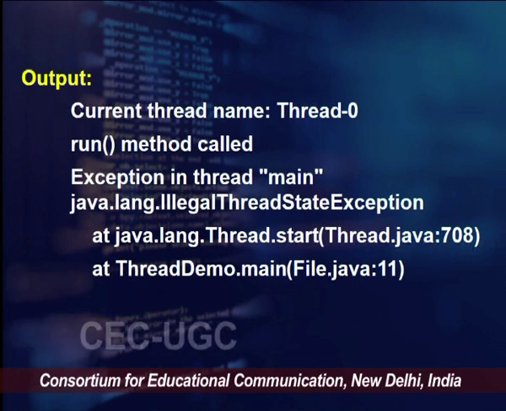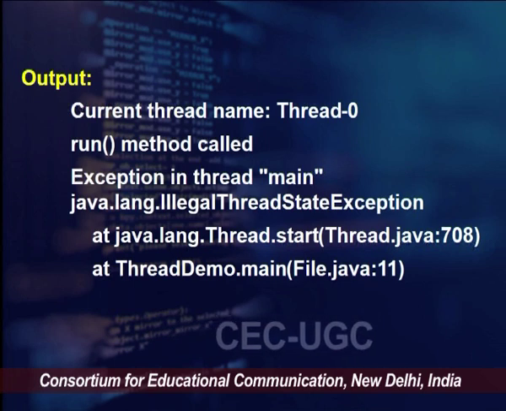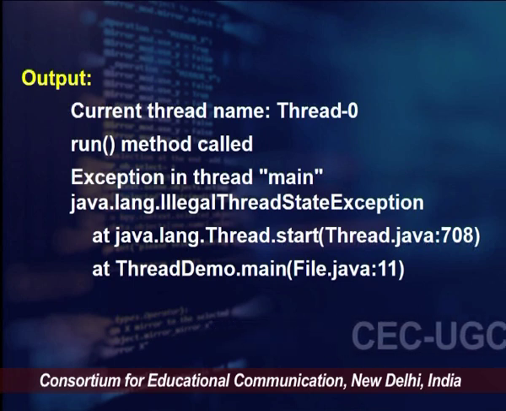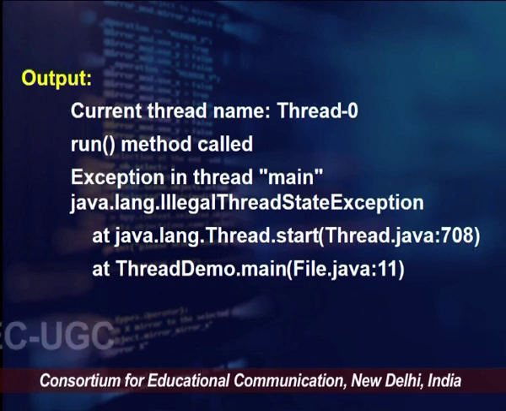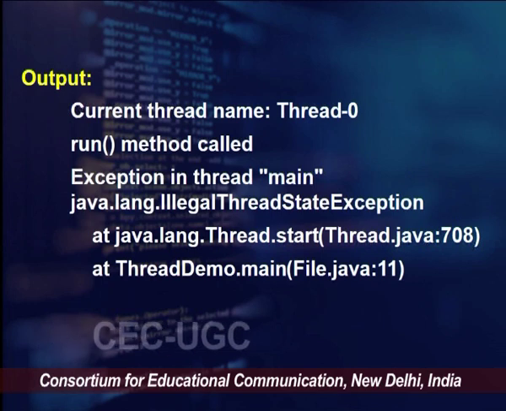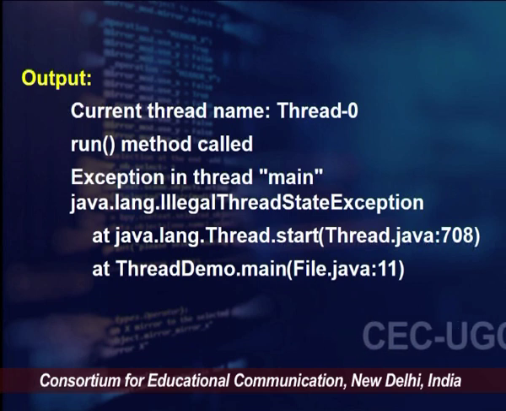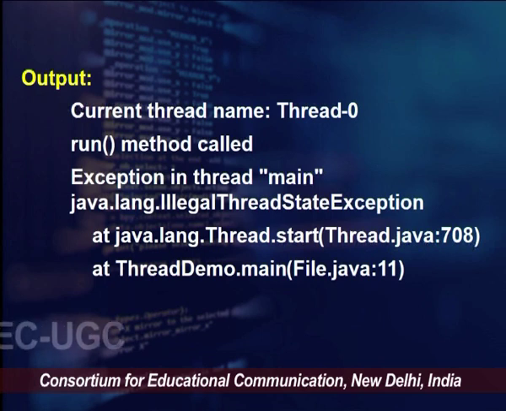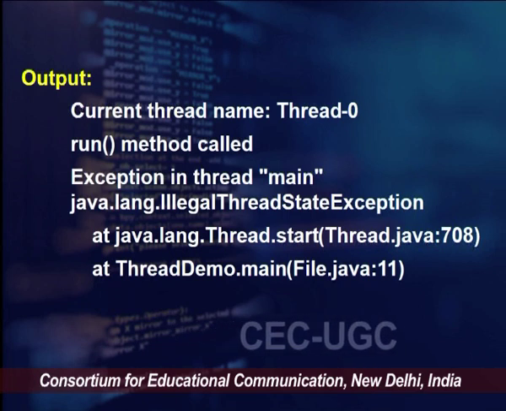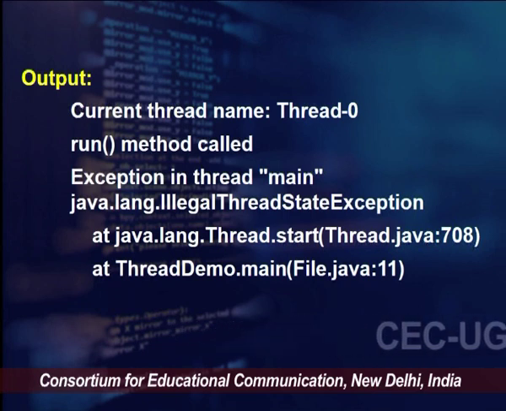That means the thread having the default name Thread-0 has been created. "Run method called" is the statement printed at the end of the run method. So, one t.start() followed by the run method has executed properly.